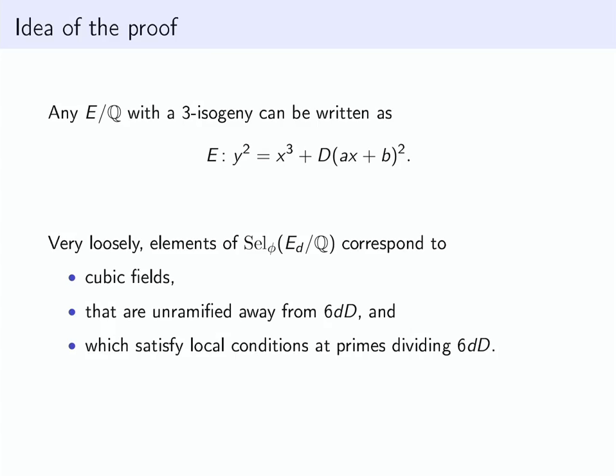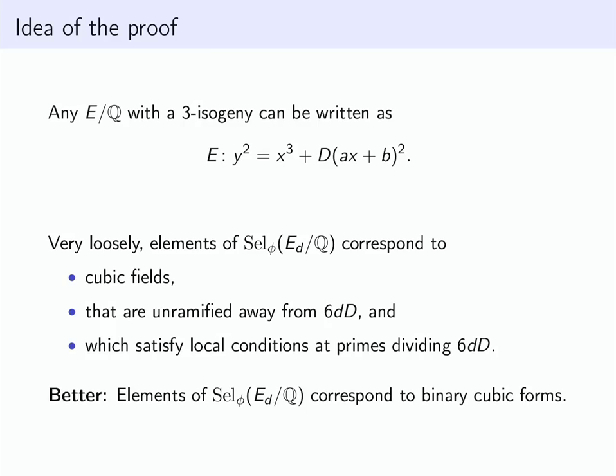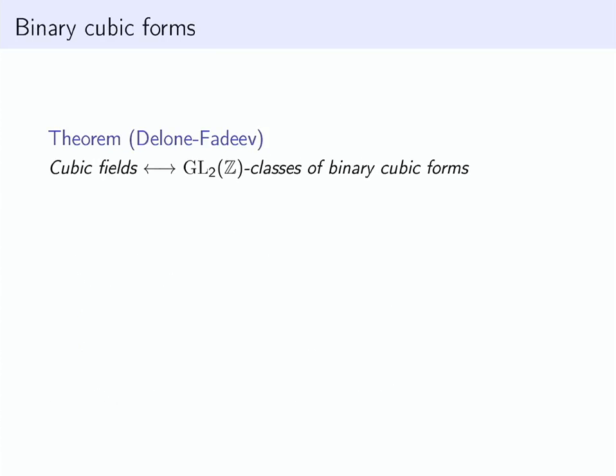I'm lying slightly here. Really, what I should be saying is that elements of the Phi-Selmer group correspond to binary cubic forms. The connection between binary cubic forms and cubic fields goes back to the work of Delone and Faddeev, who proved that cubic fields correspond to GL2(Z) equivalence classes of binary cubic forms.